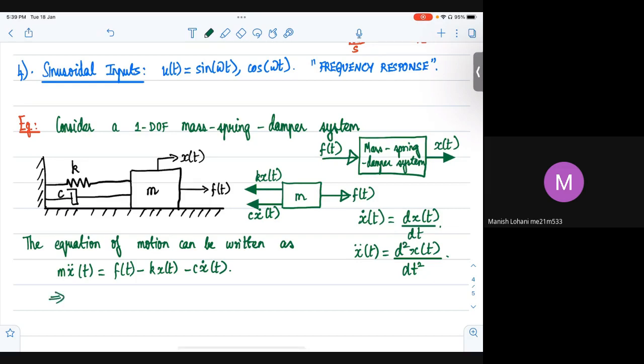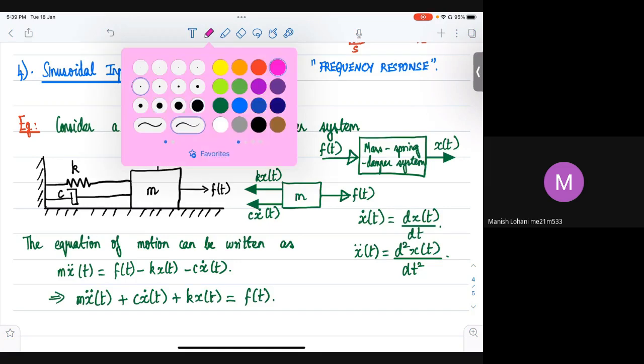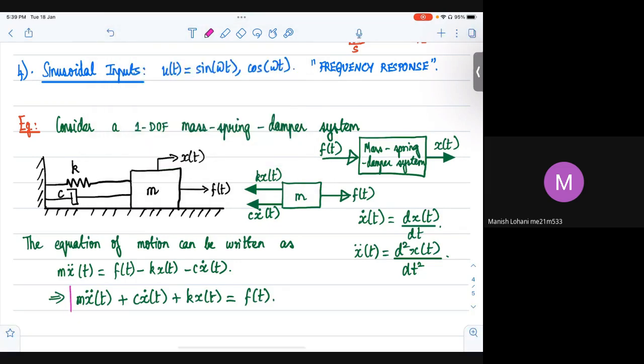So now if I rearrange these terms, m x double dot(t) is ma, that's the inertia term. If I rearrange, I'm going to get m x double dot(t) plus c x dot(t) plus k times x(t) is equal to f(t). This is the well-known equation of motion for this mass spring damper system.